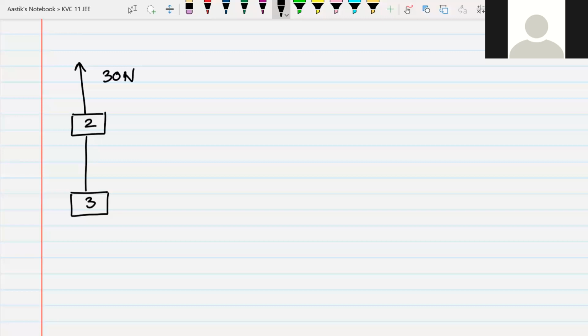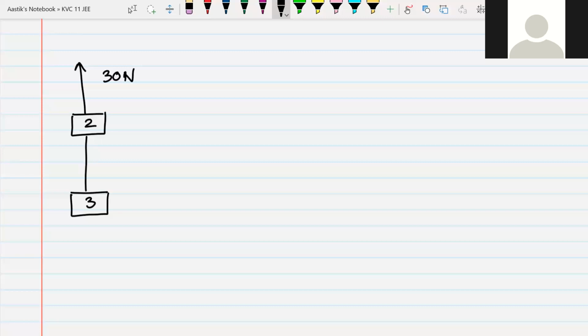Anyone got any answer? Acceleration: 4 meter per second square.